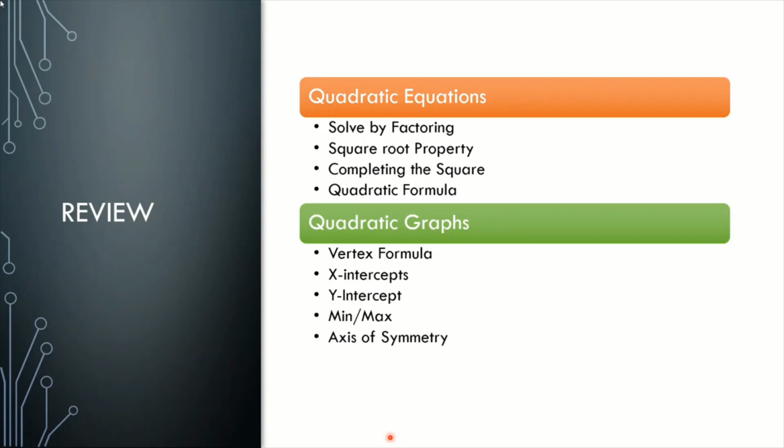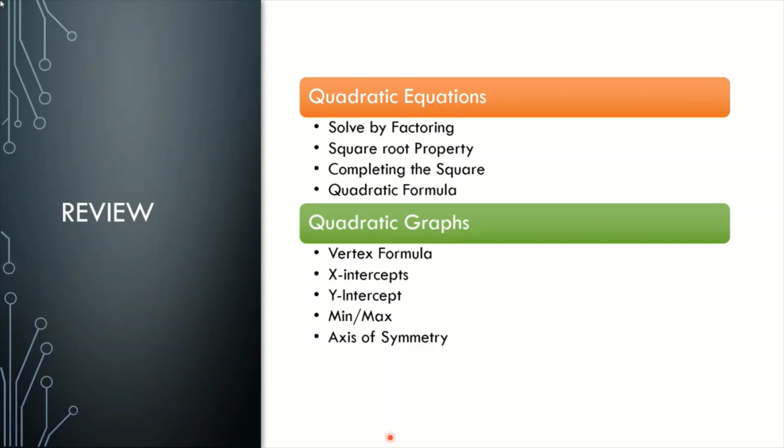Last week we looked at the square root property, completing the square, and the quadratic formula, which is x equals negative b plus or minus the square root of b squared minus 4ac, all over 2a. Got that memorized. This week we looked at quadratic graphs and the vertex formula. The vertex appears on the very bottom or on the tippity top.